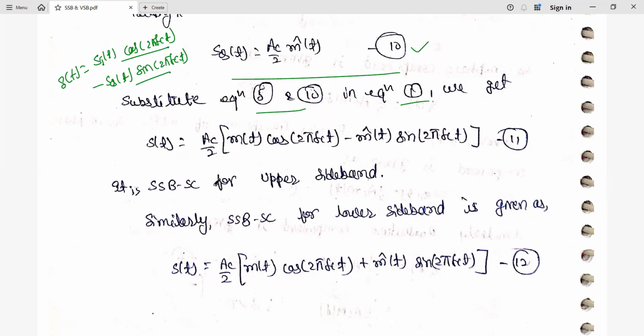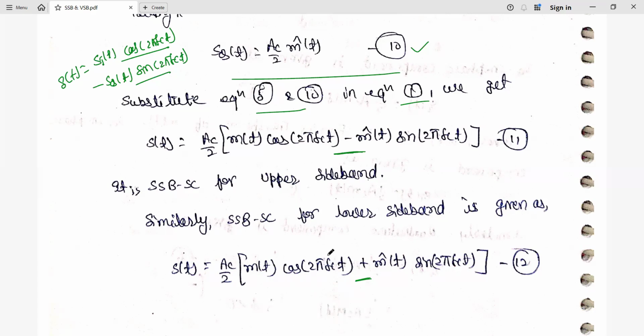So now this is going to represent the upper sideband. Here the sign is minus, it is going to represent the upper sideband. In a similar discussion, if your sign is positive, it is going to represent the lower sideband. So the lower sideband is inside, the upper sideband is outside.